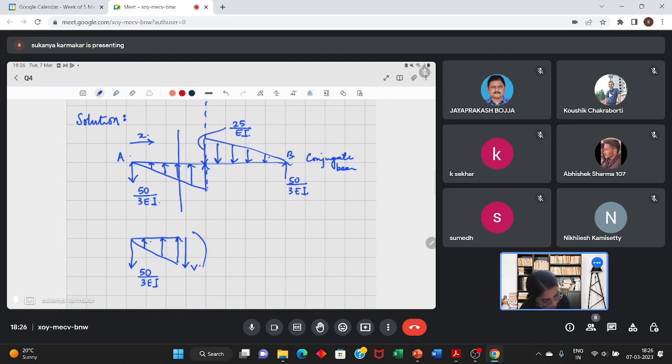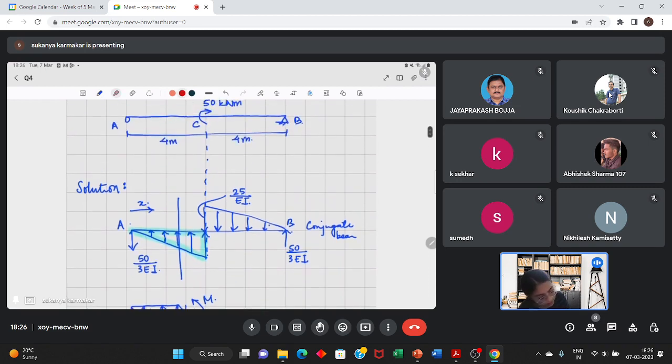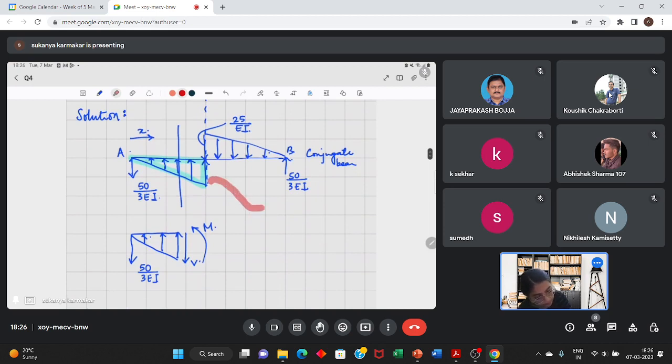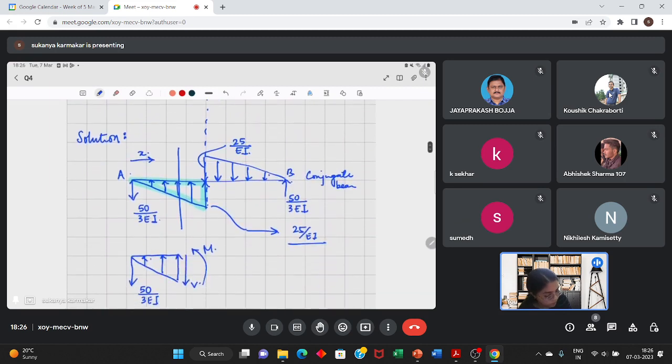Shear force is V. Moment is M. And from this triangle, it is clear that from similarity of triangles, we can write 25 by EI over a length of 4 is equal to, let that height be w', over height of x.